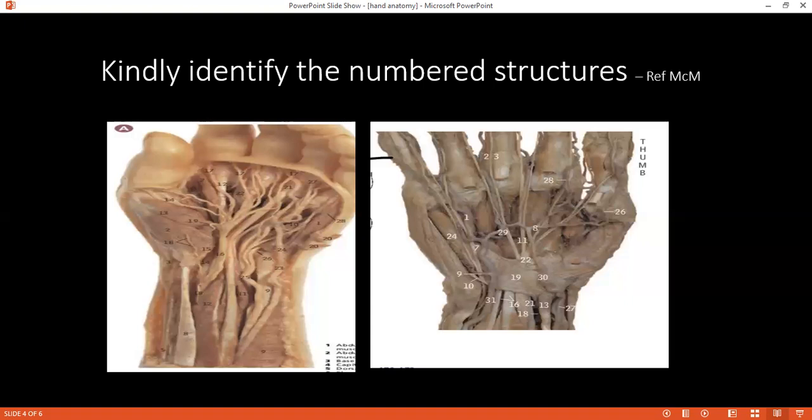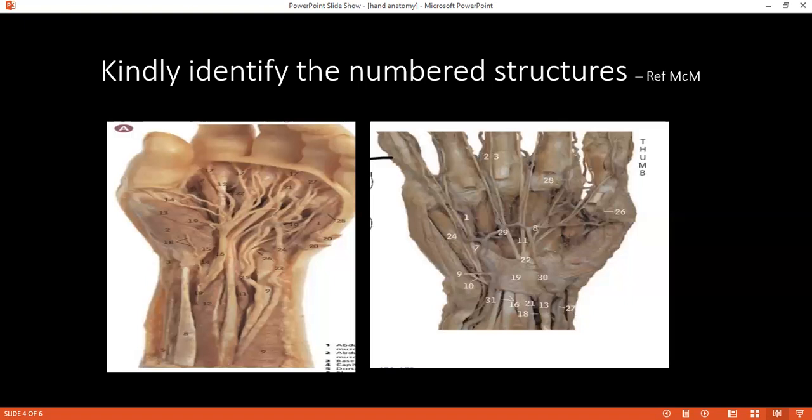What is 30, please? 30 is the superficial palmar arch, radial artery. So radial artery. If you can tell me 27. 27 is the radial artery.